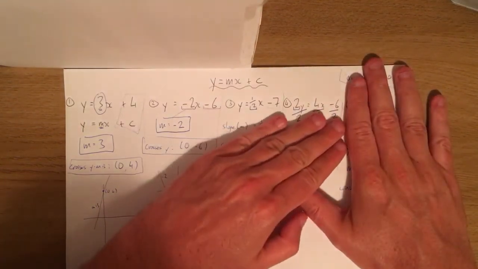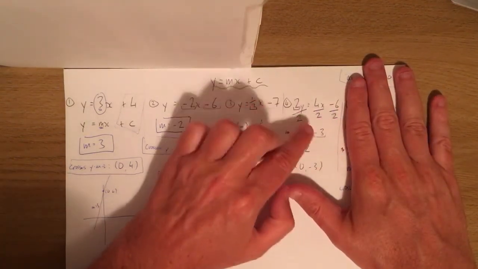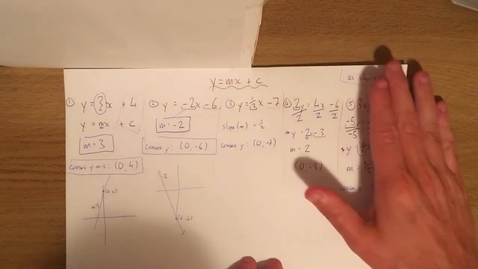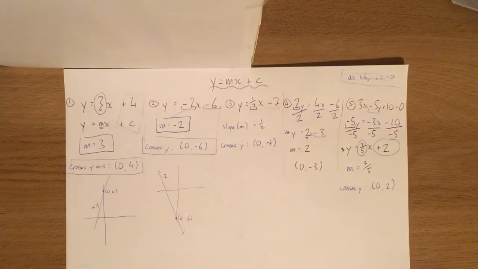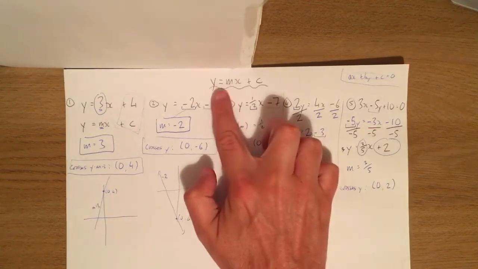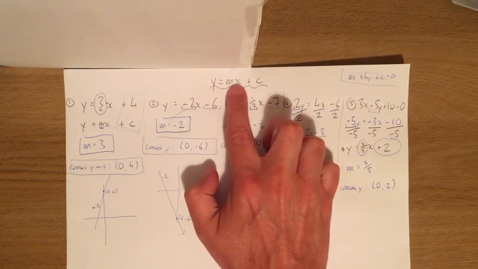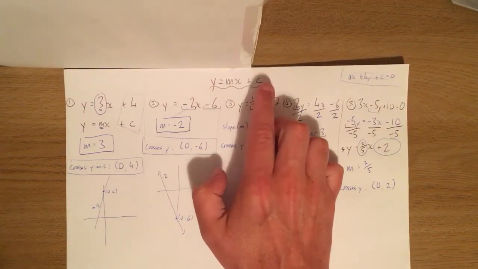If there's a number in front of the y, you might need to divide across just to get the y on its own. If everything's over on one side equal to 0, well then you need to get y on the left hand side, everything else over to the right hand side. You might need to get rid of something in front of the y and then apply the formula. It needs to look exactly like this. So just y on its own equals some number x plus some number.